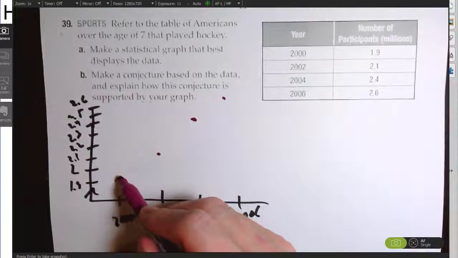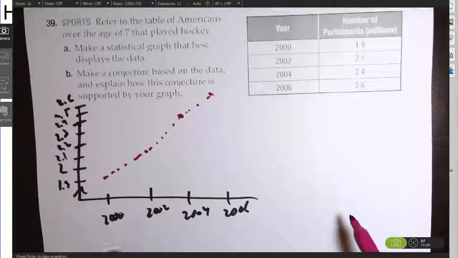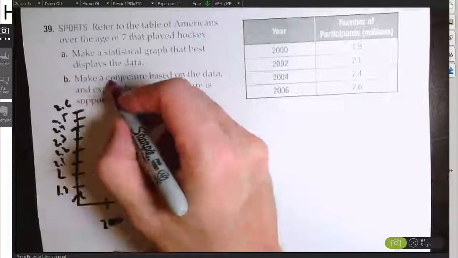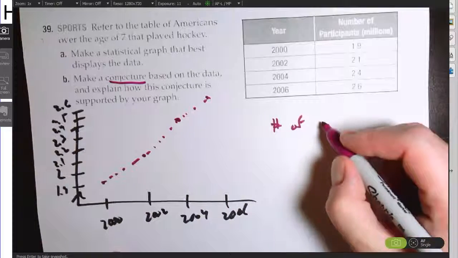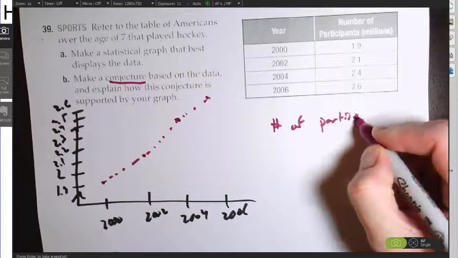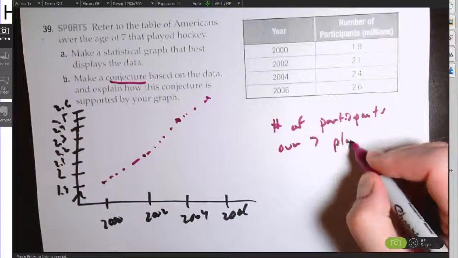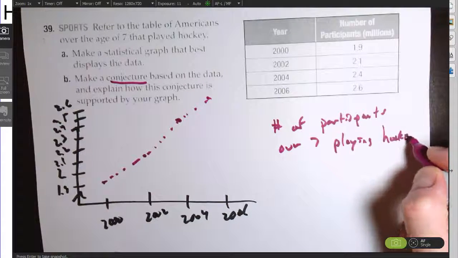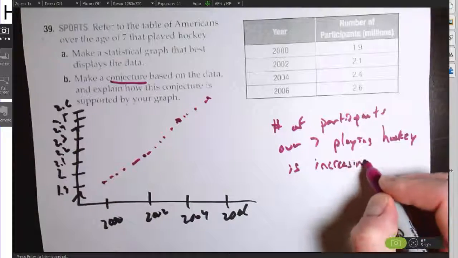Okay. Now you don't have to connect the dots, but if you decided to for some reason, the question is what's happening? Okay. Well, my conjecture is the number of participants over 7 playing hockey is increasing.